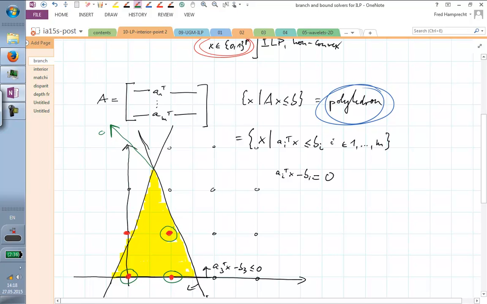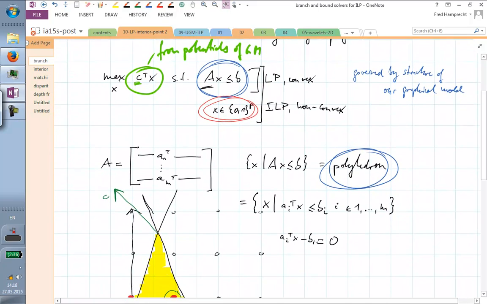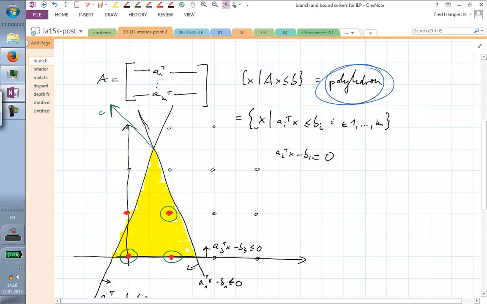I forget if yesterday we wrote maximization or minimization. Today I wrote maximization. Then I can draw equicontour lines. I could have drawn this vector C anywhere, but I already planted its root at the linear programming solution, and this vector now induces equicost contours.